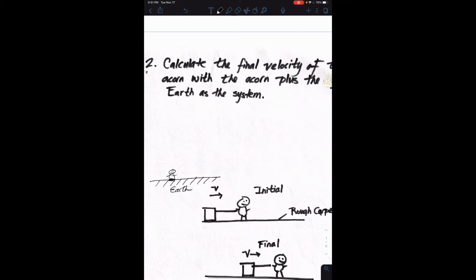Not a very good drawing. We have the tree. Pretty rough looking tree. Okay, and then the acorn. Okay, so this acorn is going to fall once again and travel a distance of 20 meters.